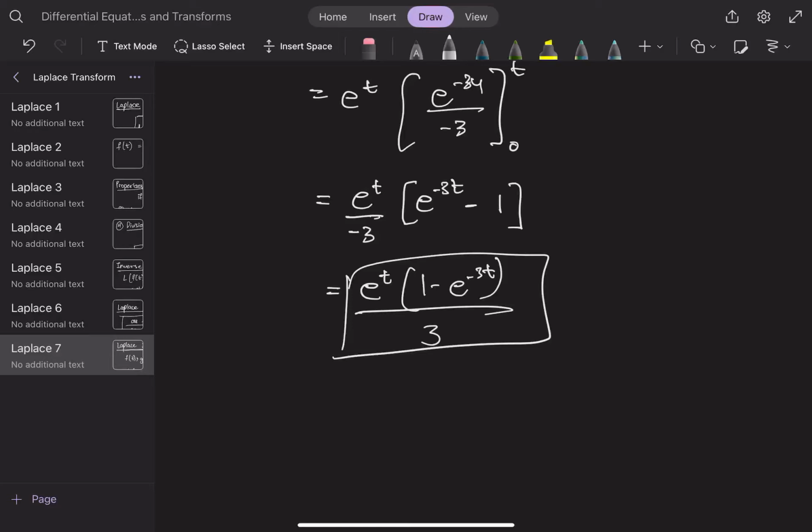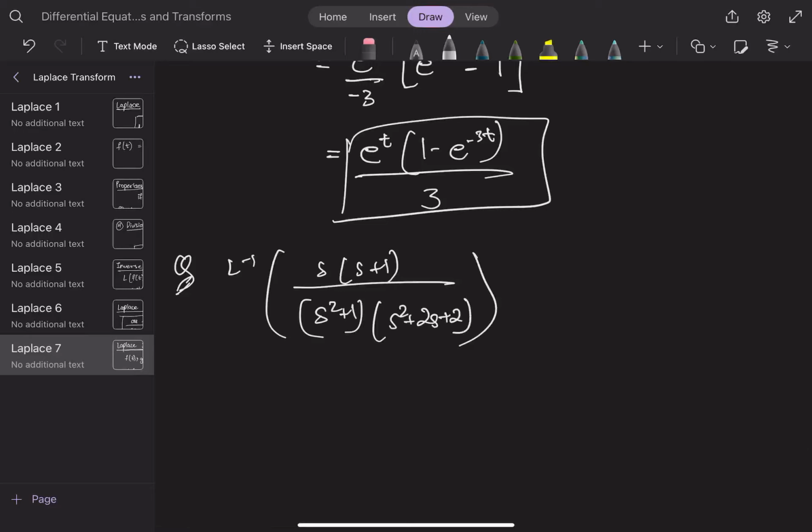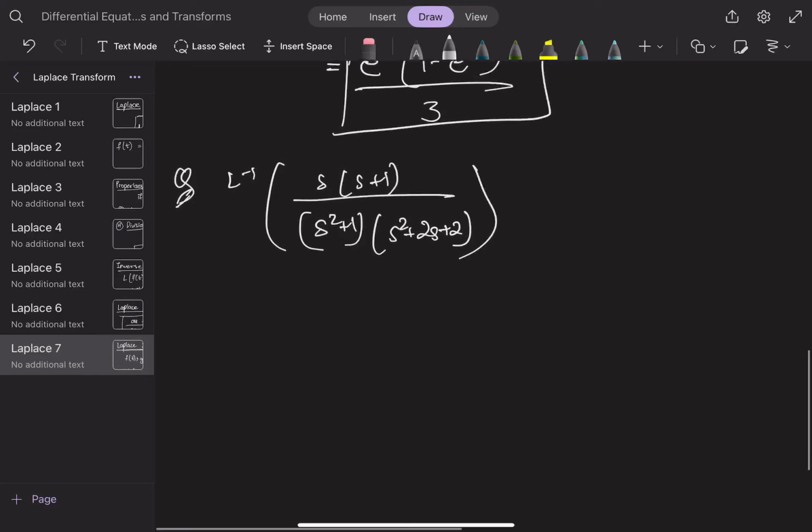For example, you have the Laplace inverse of s into (s plus 1) divided by (s square plus 1) multiplied by (s square plus 2s plus 2). Now we need to check how we should split these two terms.